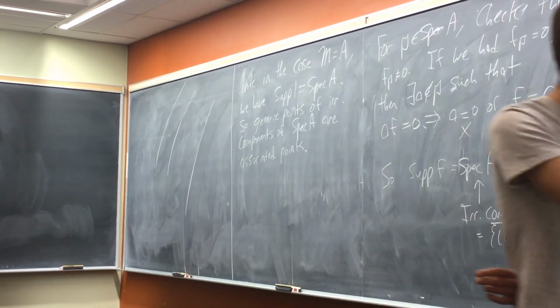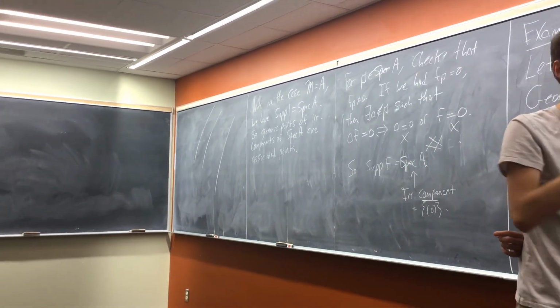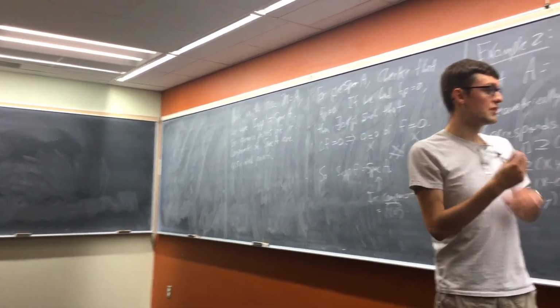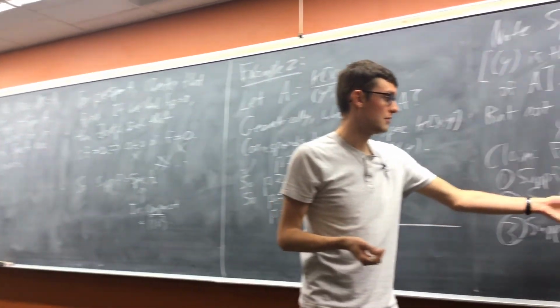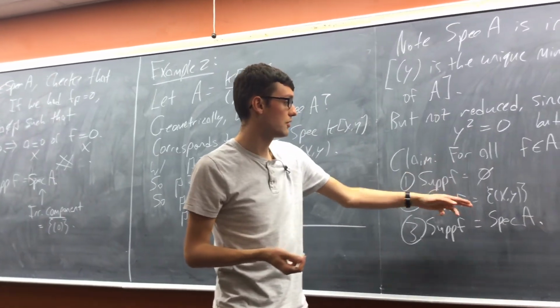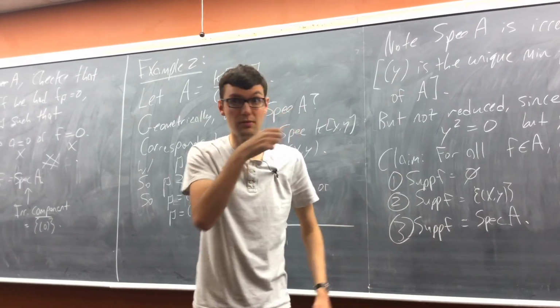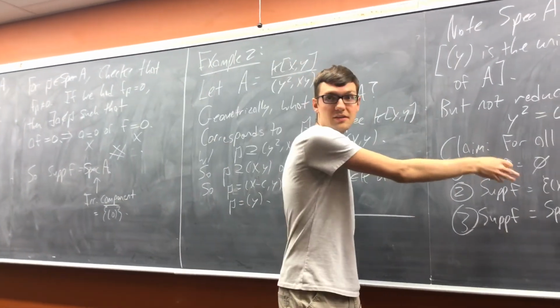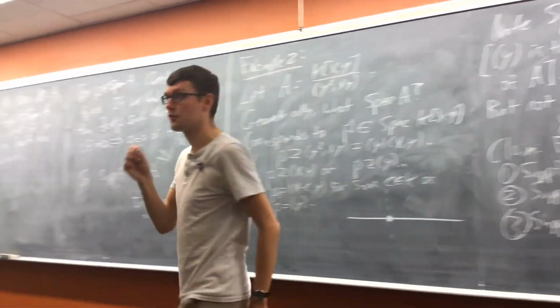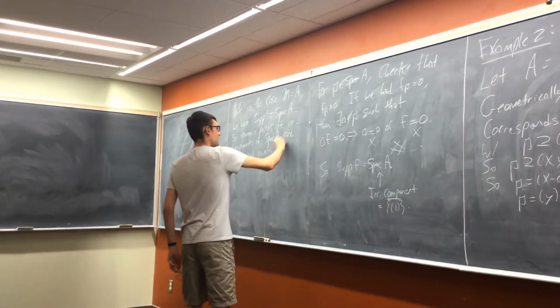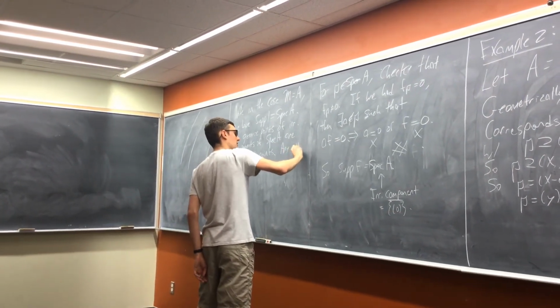In this case, A, or spec A, was irreducible. So the only irreducible component of spec A was spec A, so the only generic point that corresponds to that is the ideal generated by y. But we got this extra origin bit here. So those ones we're going to call embedded points: any other associated points.